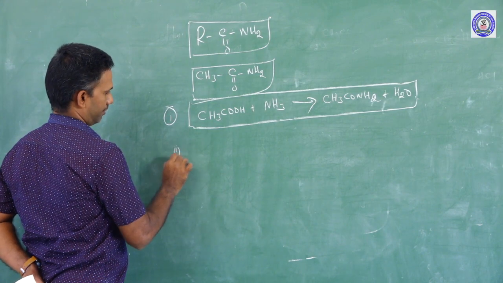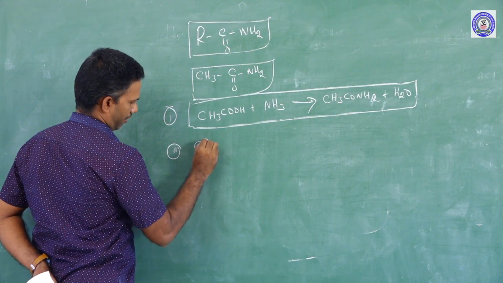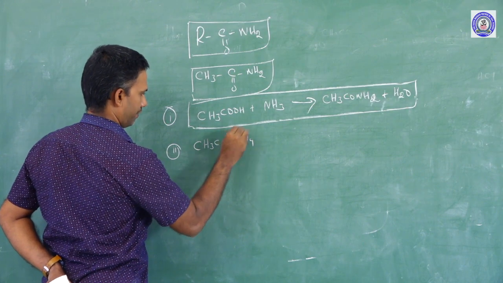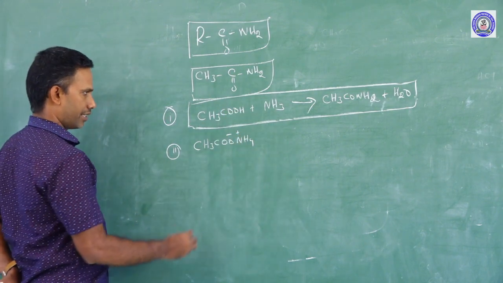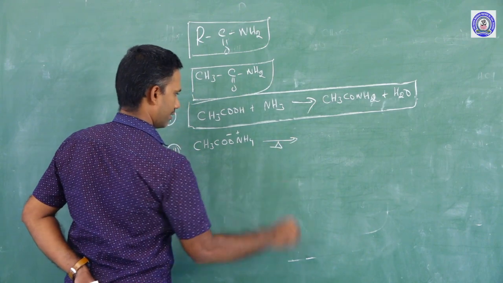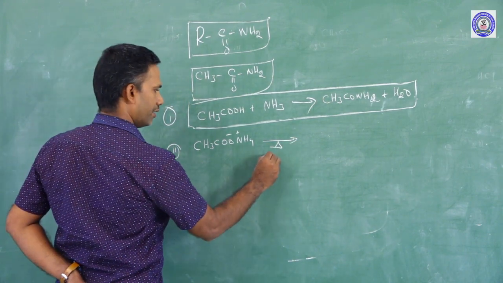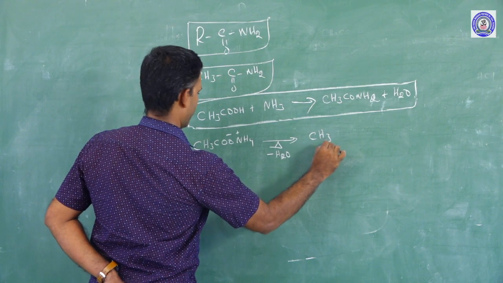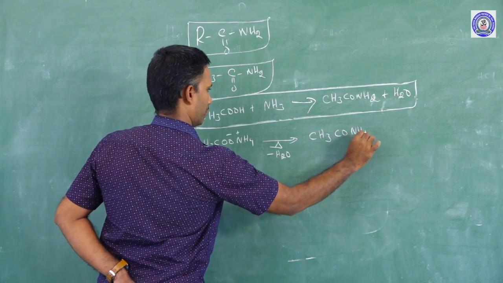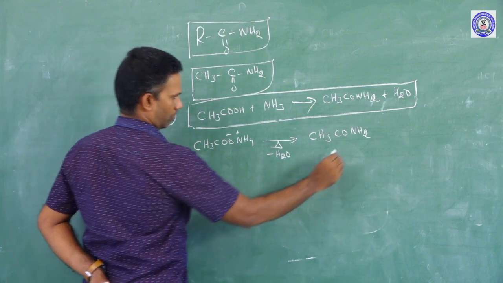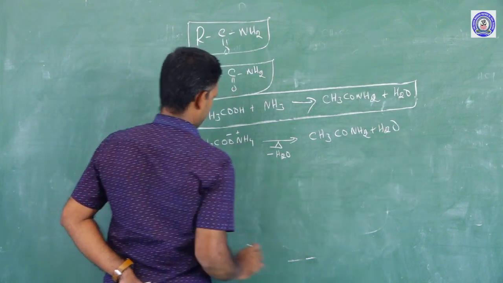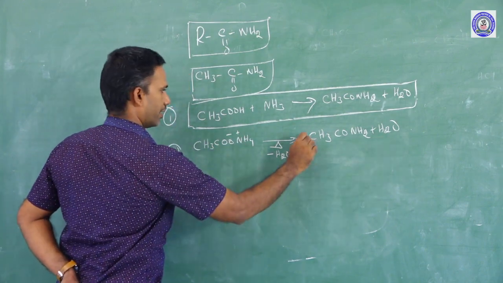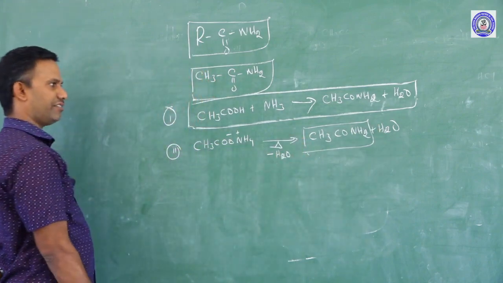Second method, when the ammonium salt of acetic acid is heated, dehydration takes place. Dehydration means removal of water. What is going to happen? CH3, CO, NH2. What are they leaving? H2O. So water is leaving here. See, NH4 is there, H2 and O are going out, meaning we are getting amide. This is the second method of preparation of amide.